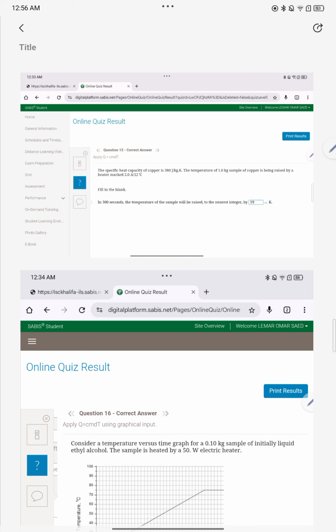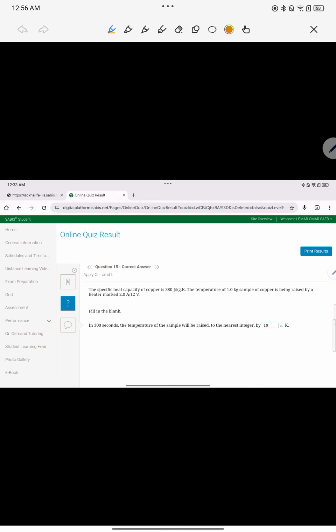Okay, now question number 15. Here we have to do this. First thing, you have to know that Q equals M C delta T. Okay, here we don't have the Q. We're trying to find the temperature, so the Q here is gonna be, first thing, P equal to V times I. So volts times I, I forgot what it is.